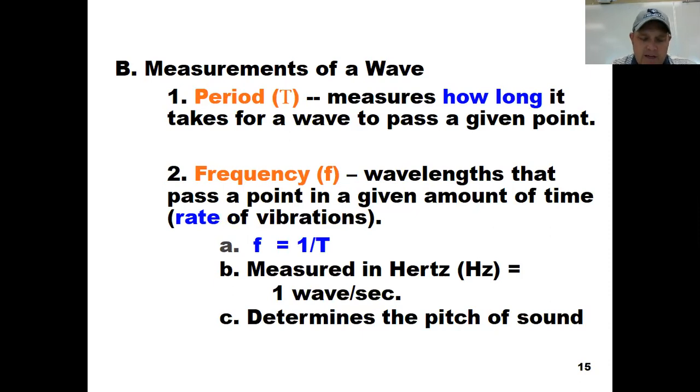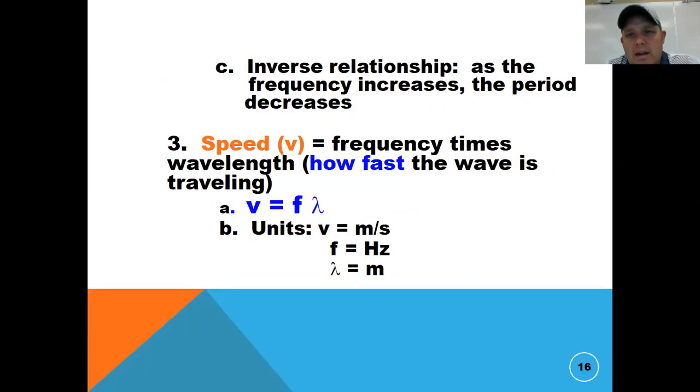Now the key there is that 1 really is the number of waves, and T is the seconds. So you can see that f, it says measured in hertz, is 1 wave divided by seconds. And this determines, you music people, the pitch of your sounds. And here's a special point that I think we forget: inverse relationship.